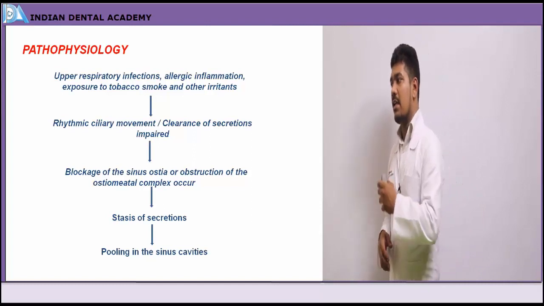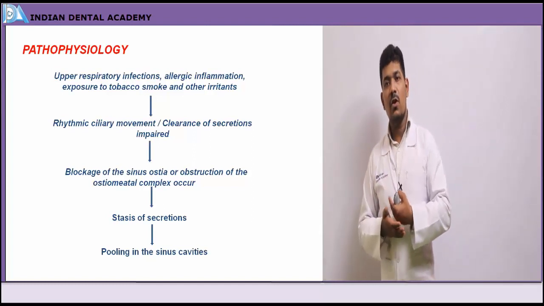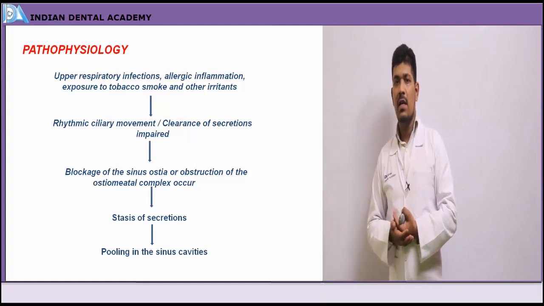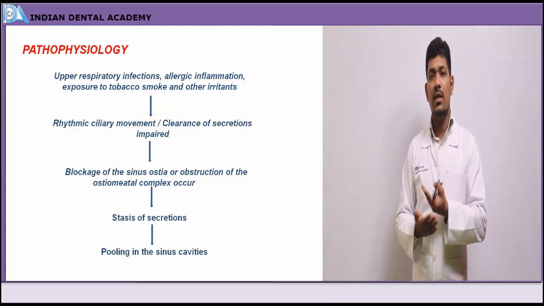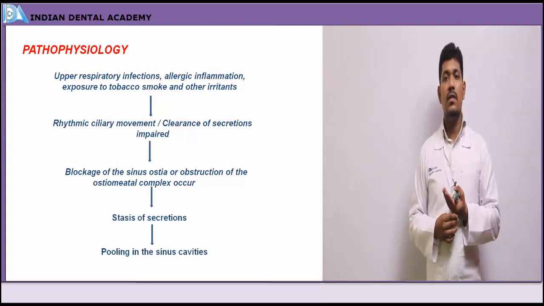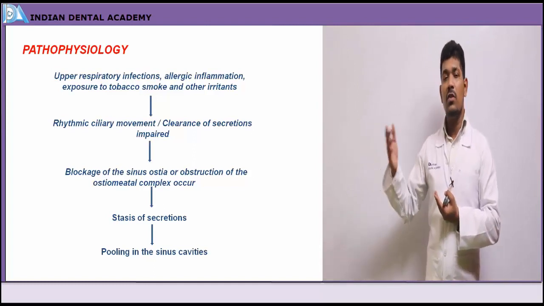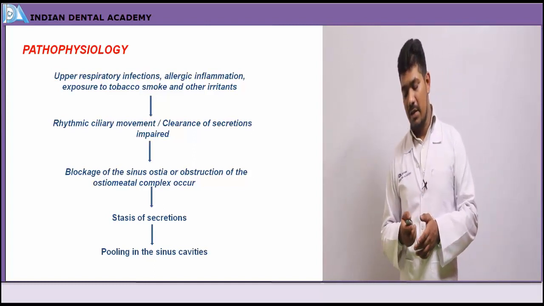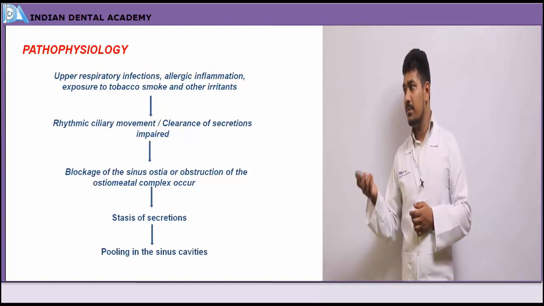That results in blockage of the total ostiomeatal complex. There is stasis or accumulation of these secretions, and wherever there is stasis of organic-rich secretions, there is always a chance of inflammation or infection because of this pooling in the sinus cavities. This is the basic pathophysiology behind sinusitis.